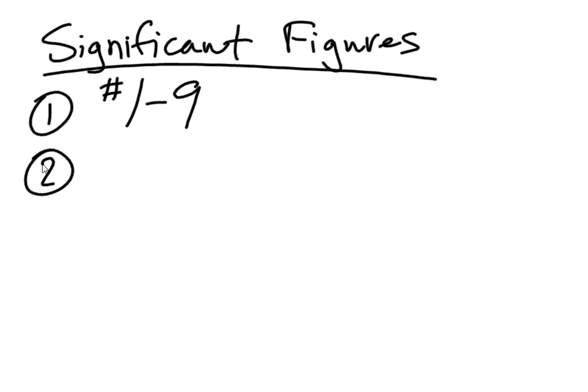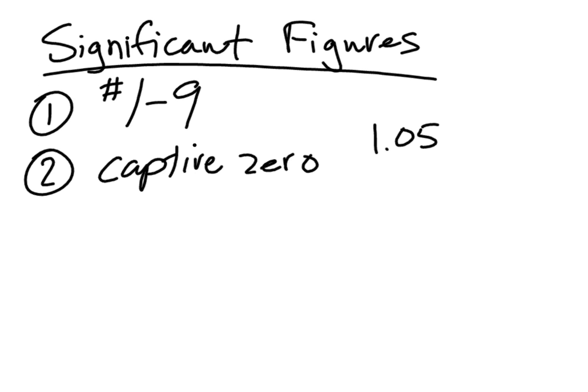There are 3 types of zeros. The first type is what we call a captive zero. Those are the zeros that are in between 2 non-zero integers. So an example of that would be 1.05, or 202, or 5020, or 5021.